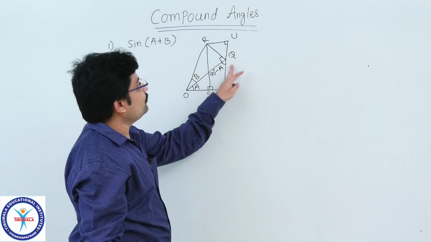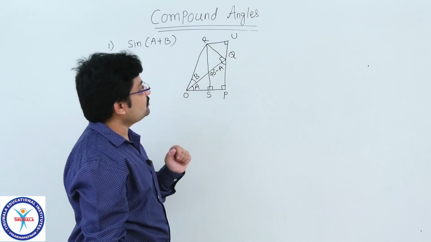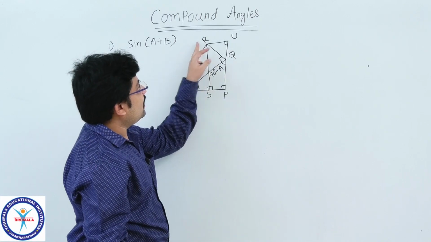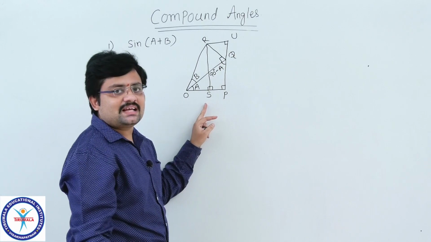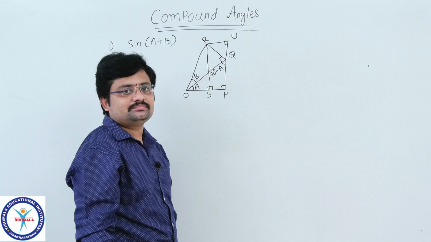Therefore, angle QUR is 90 degrees. And here you can also observe that RUPS is a rectangle. So let us write what we have constructed here.